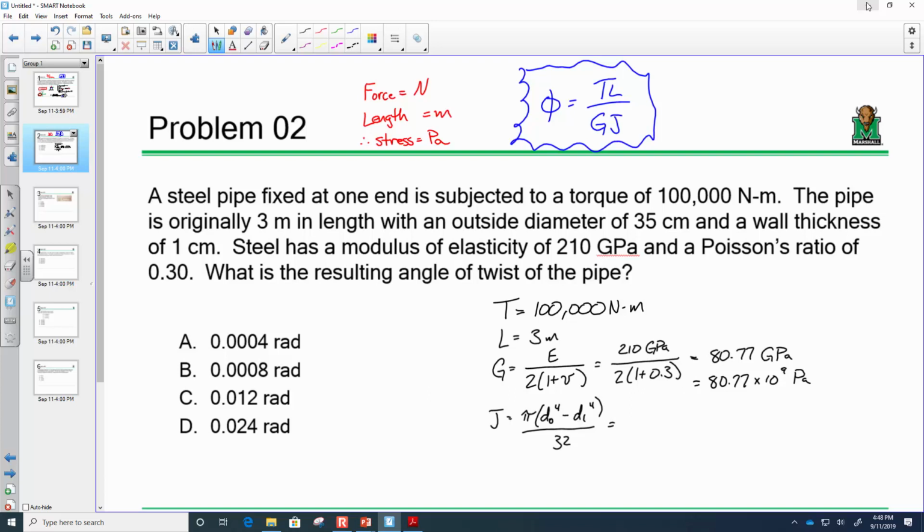So what we're going to have is pi times 0.035 meters to the fourth minus 0. Whoa, my goodness. What's that? In the meters. Yeah. Sorry. And then this is 33 meters to the fourth.